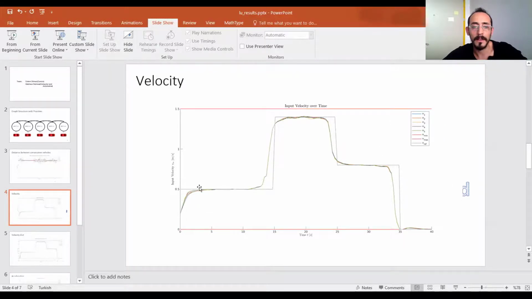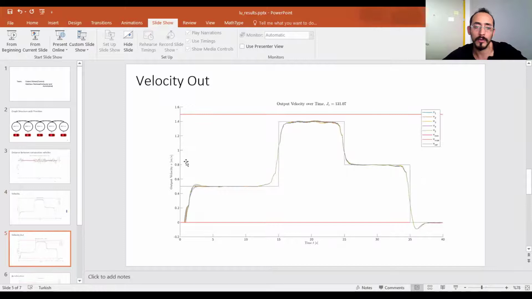Then the input velocity over time just got closer to the desired velocity profile. Similarly, the output velocity of the vehicles could follow within some range the desired velocity profile.